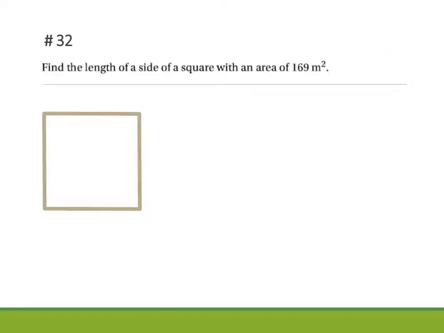Okay, problem 32. Find the length of a side of a square with an area of 169 square meters. In order to solve this problem, we need to remember that the area of a square can be found by taking the length times the width. Well, in the case of a square, the length and the width are equal to each other. So, in the case of a square and only for a square, the area formula is a special formula.